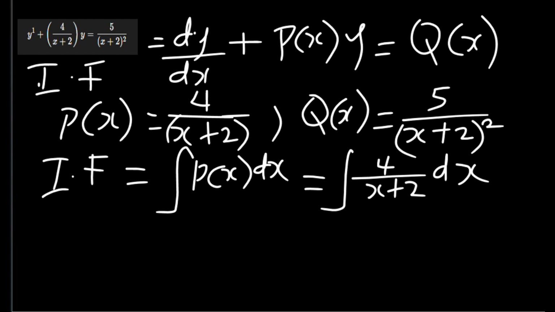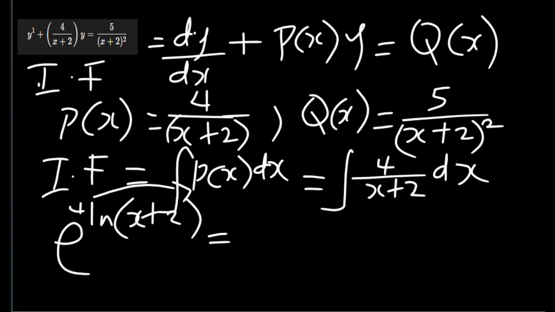So for this particular expression, we are going to get 4 ln of x plus 2. So let's bring our e, e to the power 4 ln of x plus 2.